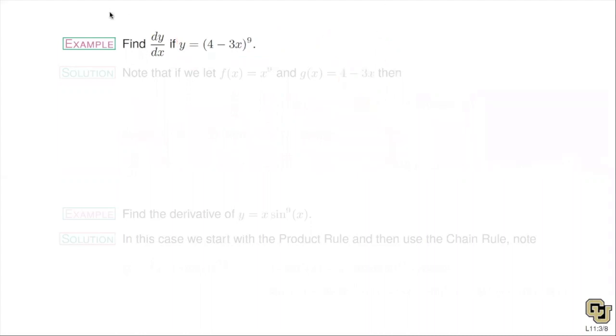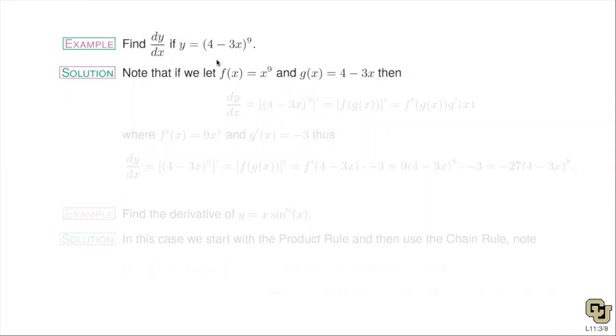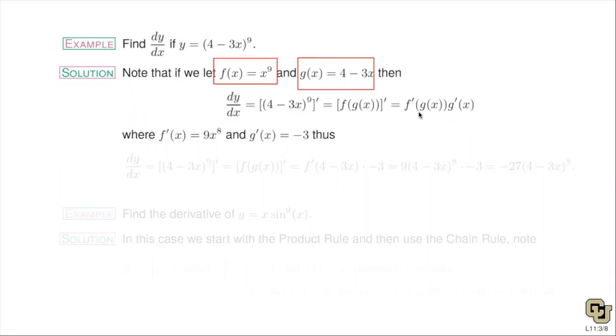As I said, I'm being very explicit with this problem. So here I'm going to explicitly define what the outside function looks like, blah raised to the 9th power. The inside function is 4 minus 3x. Then I say I'm trying to find the derivative of this composition. According to the chain rule, it's f prime of g of x times g prime of x.